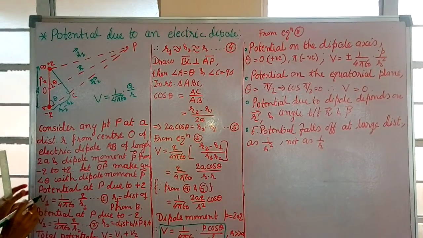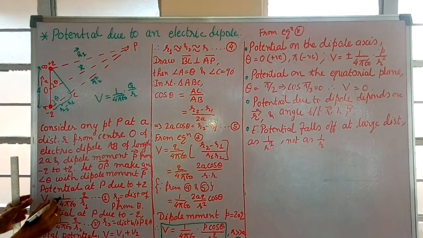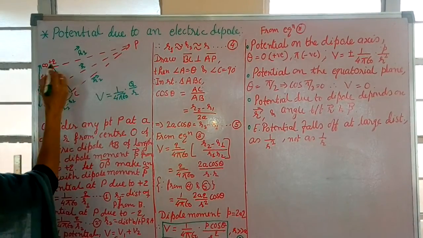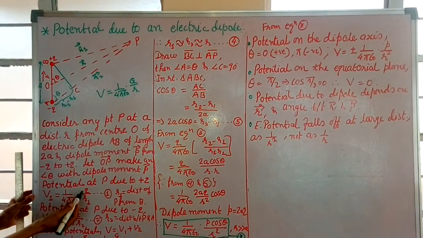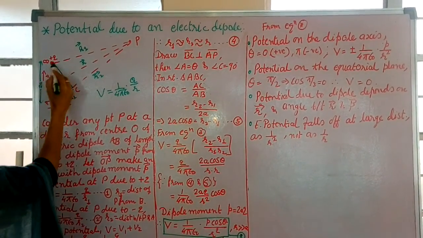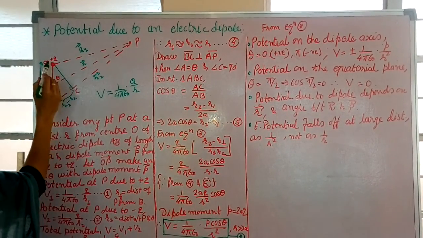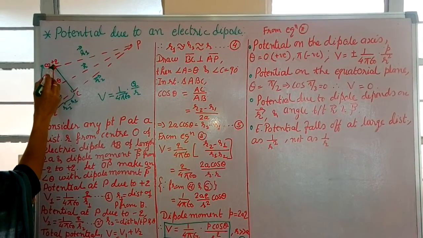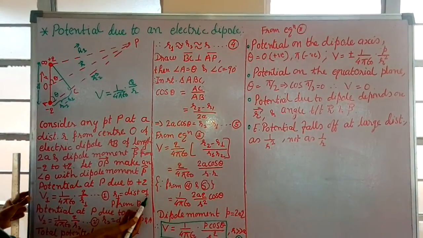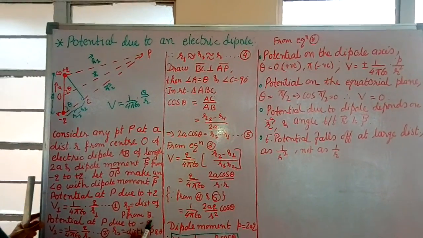I will call it V1. V1 is equal to 1 by 4 pi epsilon naught, q by r1, where r1 is the distance of point P from the positive charge q, that is, the distance of P from B. Call it number 1.